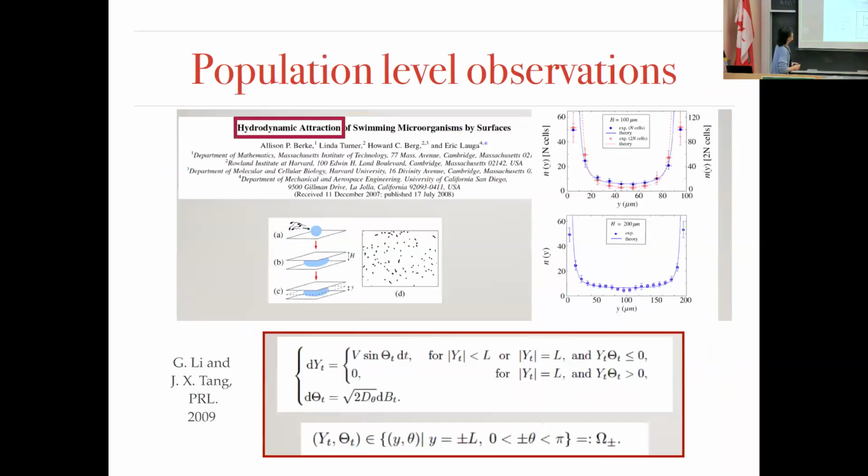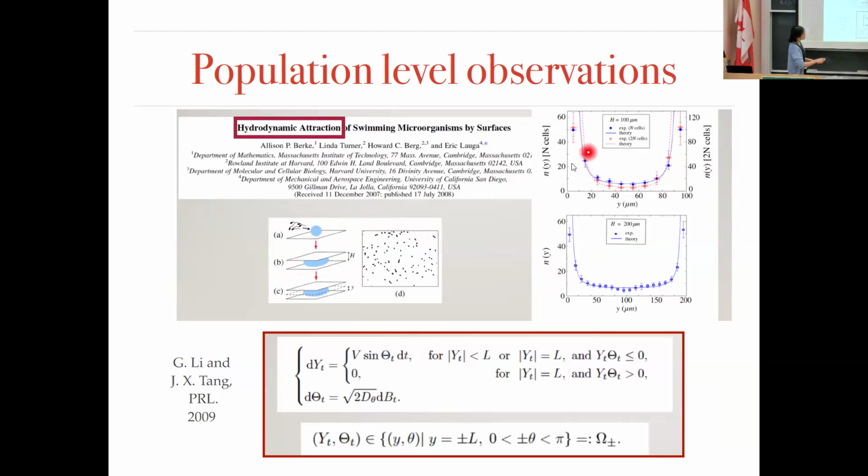Then, if we look at the population level, this is what will happen, because this is one experiment in the literature. There are two plates, and between these two plates is a droplet full of bacteria. They measure the density distribution between these two plates.